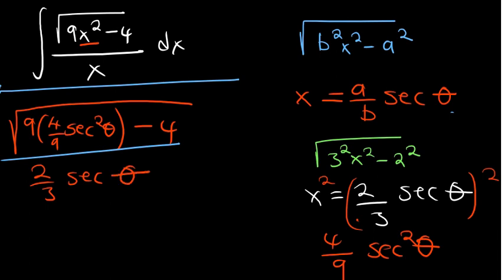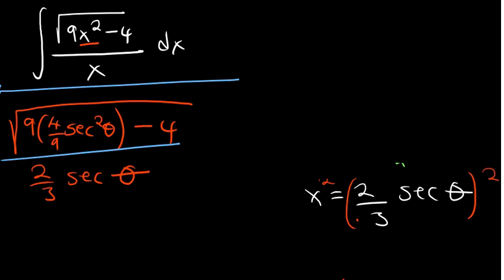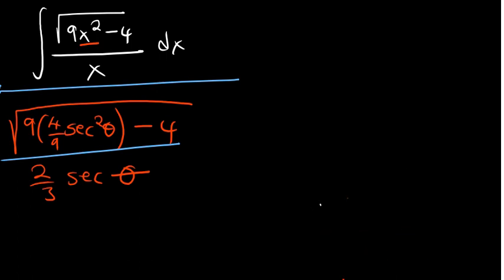Okay, so that's the point where we've reached now. We've already taken note of this, so I can remove it. Don't forget the value of x, right? x is 2 over 3 secant of theta. Okay, so let's now try to simplify what we have at this point.